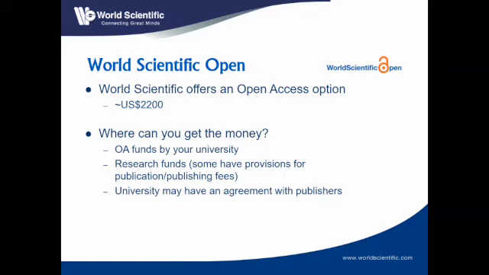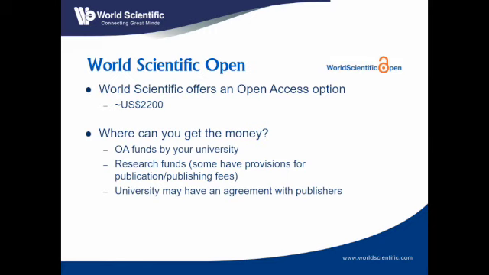And where can you get the money to pay for the open access? A lot of universities may have funding for open access, or when your supervisors or the principal investigator apply for research funding for the project, they usually will include a portion for publication or publishing fees.